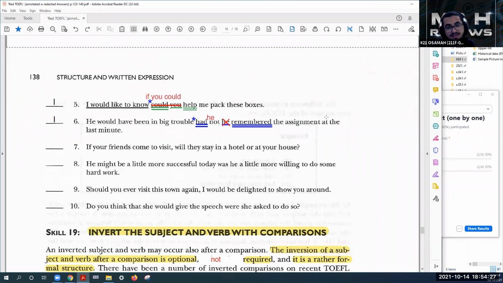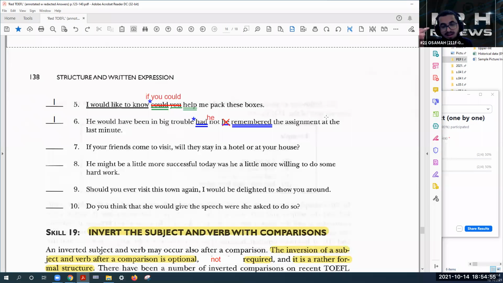Had he not remembered. You must put the subject directly after the auxiliary. You got it? Yes. I think it's confusing because we don't know the conditional formula. When you don't know the conditional formula, yes, it makes it more difficult.